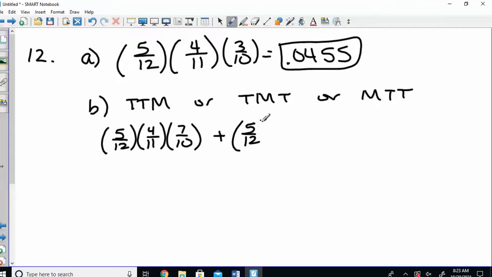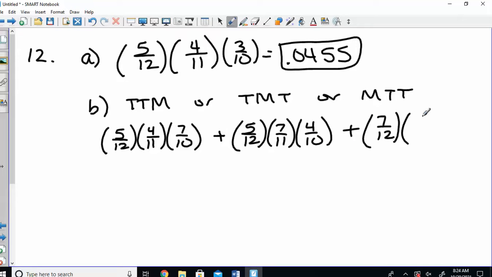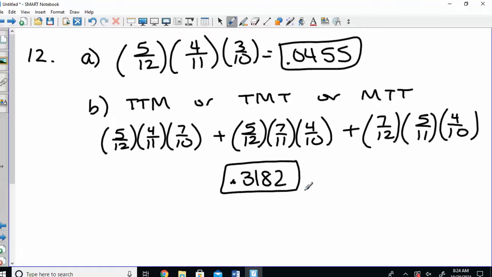The first one being traditional, the second one being meat, and the last one being traditional. Or, so plus, the first one being meat, the next one being traditional, and the last one being traditional. Alright, so then if you calculate that, you get 0.3182.